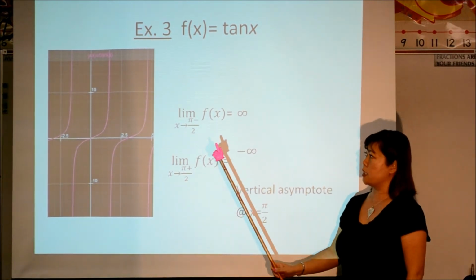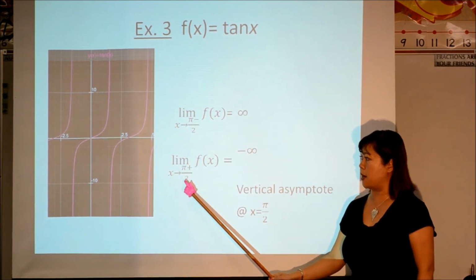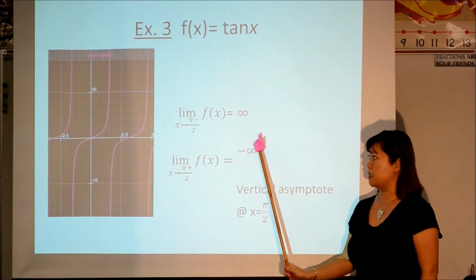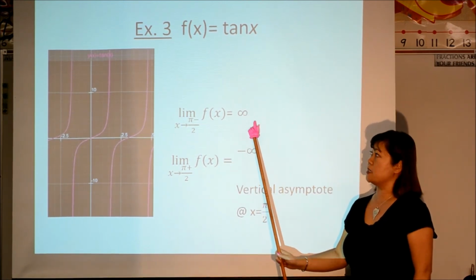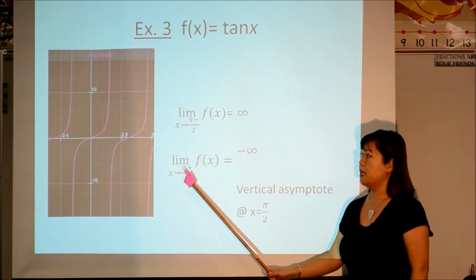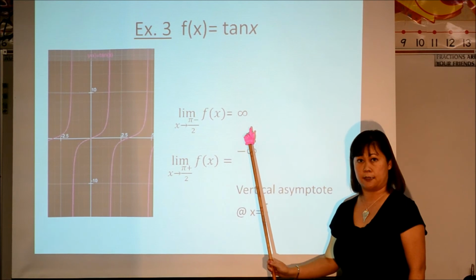Now, I also want to point out from example number 2, remember I said when x is approaching positive or negative infinity, the y number is going to be some kind of number. But in this case, we have x approaching some kind of number, and the y is going to approach infinity. So it's actually going to flip from that.